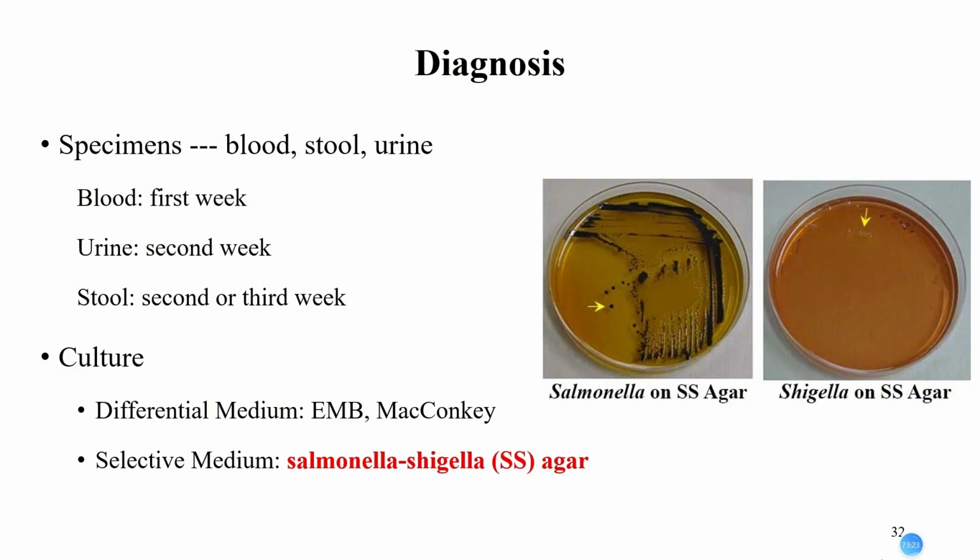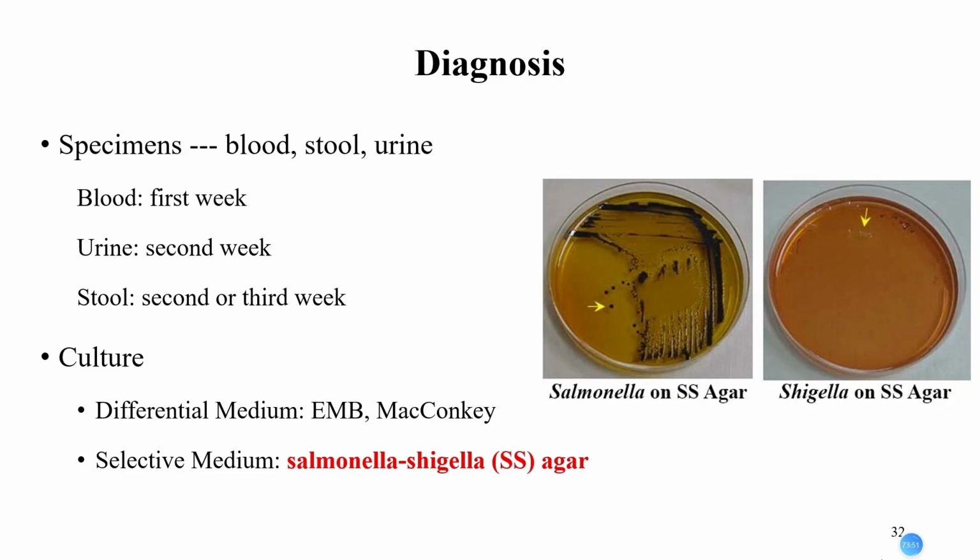But when we collect the specimen, we should collect different specimens at different time points, because at different time points of infection, the bacteria can be found in specific specimens. For example, the first week, you want to check the blood, while for the second week of infection, you want to check the urine, while in the second and third week, you can check the stool, whether you can find the live bacteria.